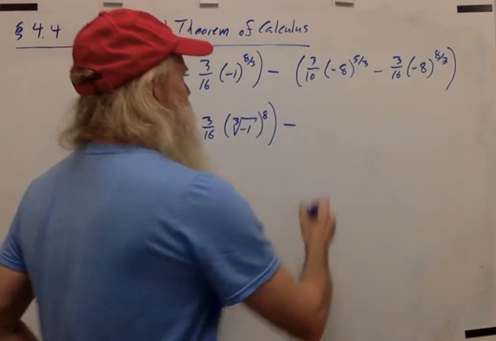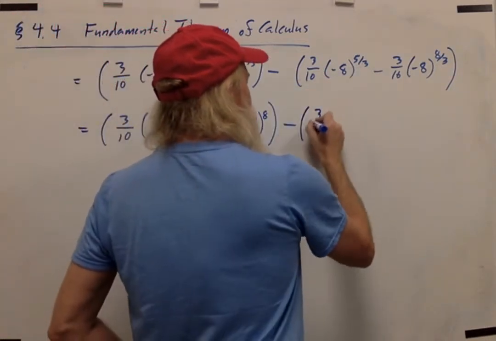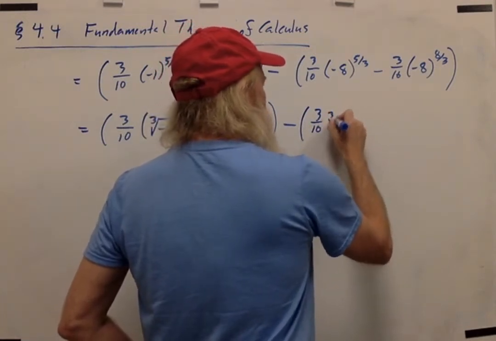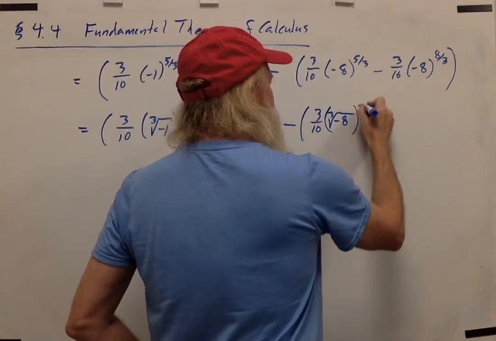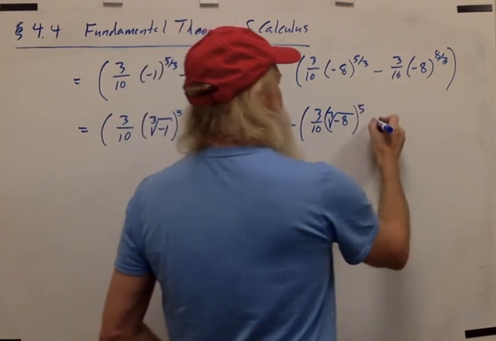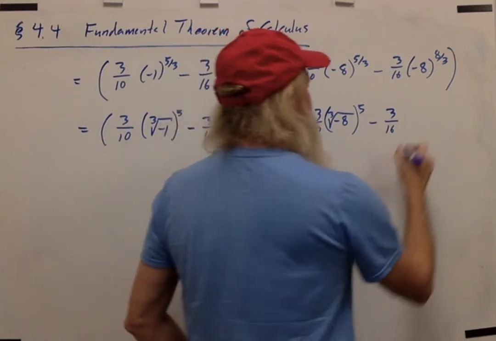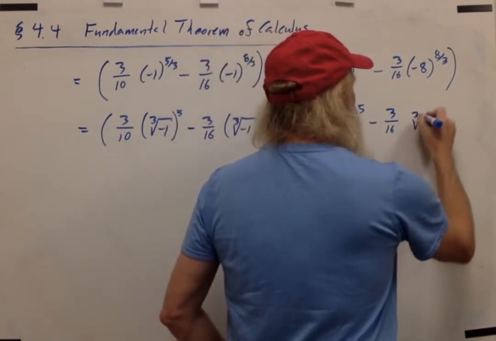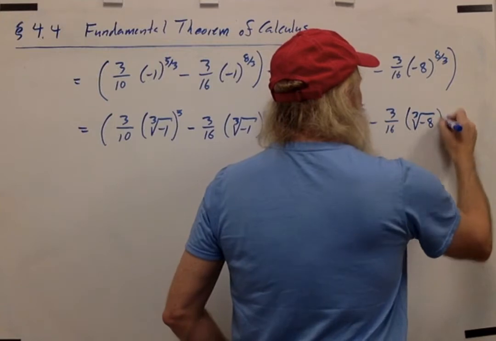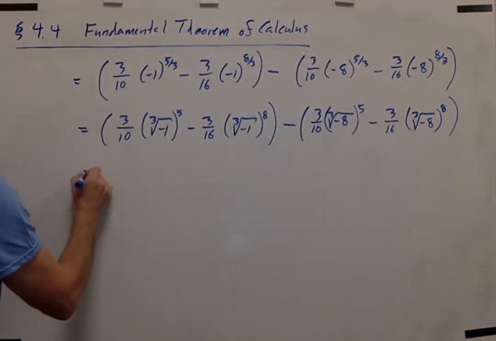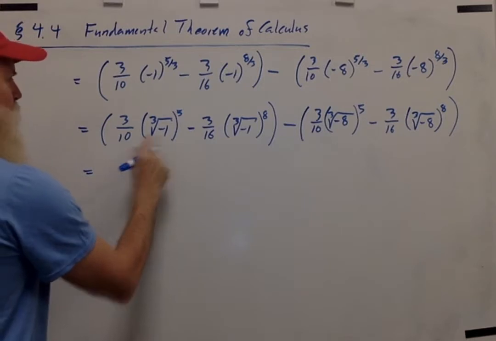Let's write down the same expressions over here. I'll have 3/10 times the cube root of negative 8 raised to the 5th, minus 3/16 times the cube root of negative 8 raised to the 8th power. The cube root of negative 1 is negative 1.